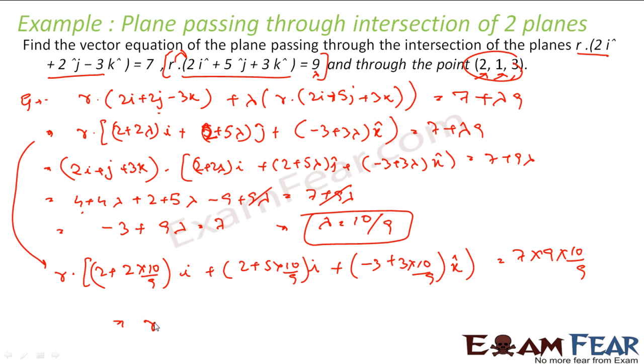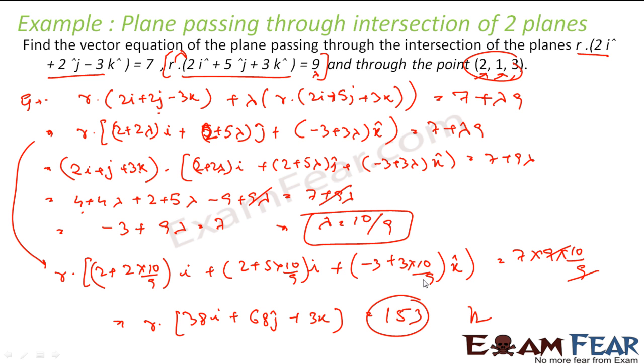So you solve this, what you get is r dot 38i plus 68j plus 3k is equal to 150, and that's what you get. You solve this, you'll get the same value. Correct?